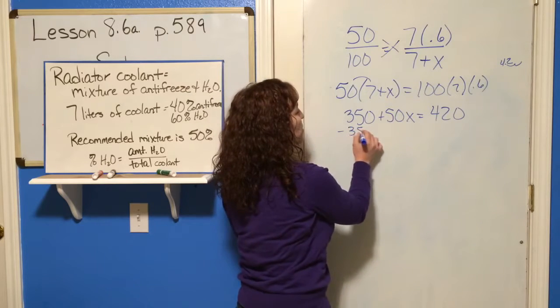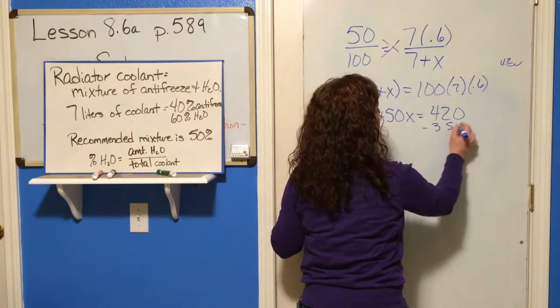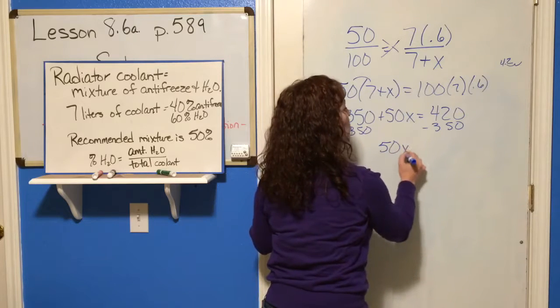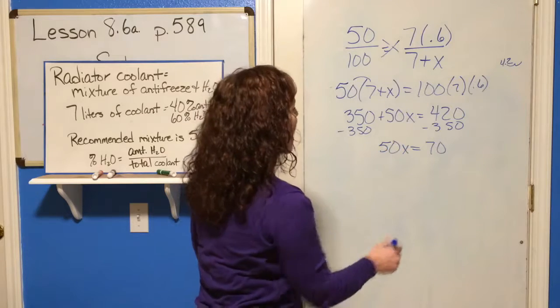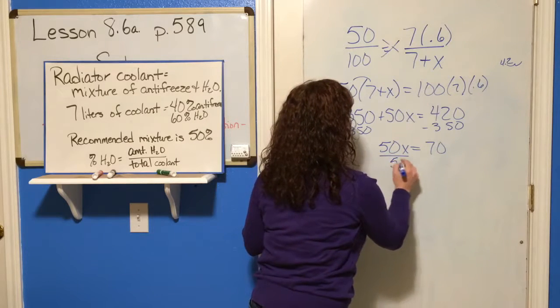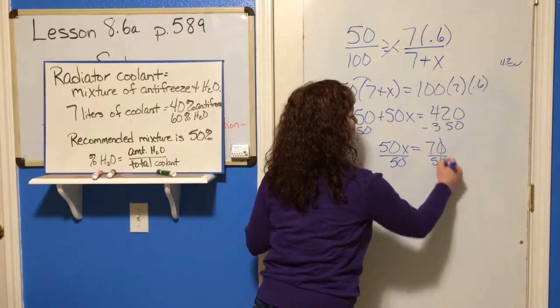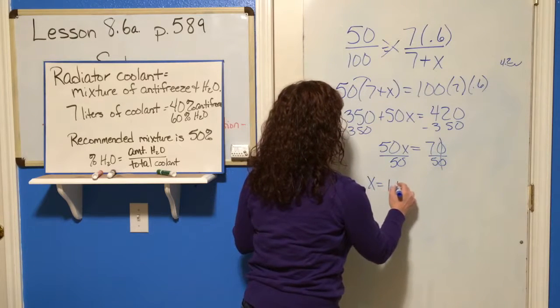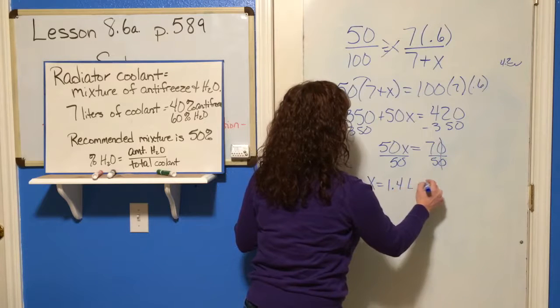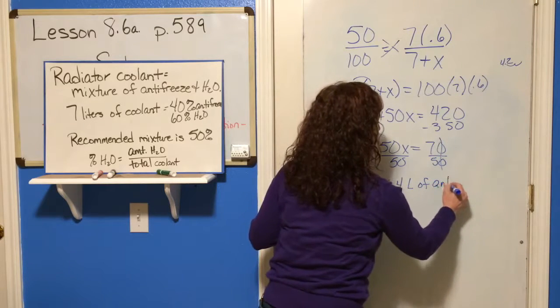Subtract 350 from both sides. So 50x equals 70, yep. And now 7 divided by 5, x equals 1.4 liters of antifreeze.